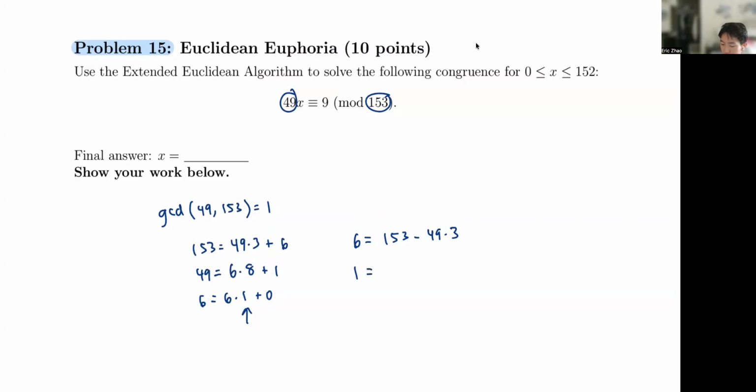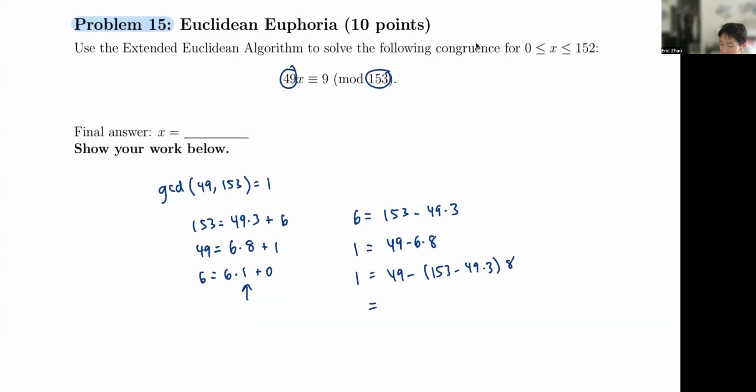So 1 is equal to, using this right here, 49 minus 6 times 8, right? Now we can substitute the 6 we solved for over here. So we get 1 equals 49 minus 153 minus 49 times 3, all times 8.